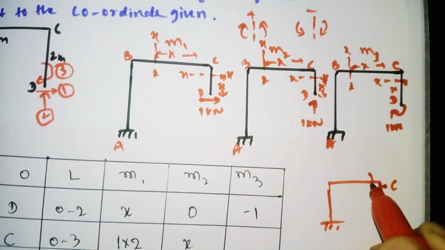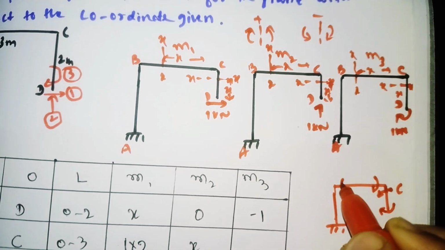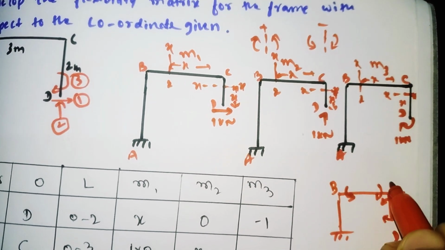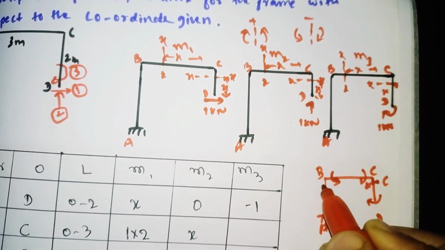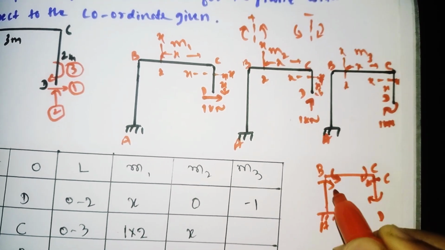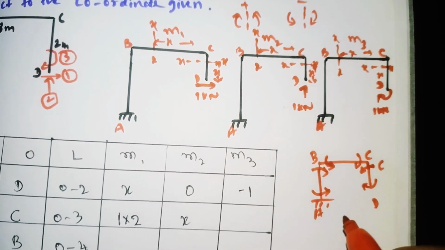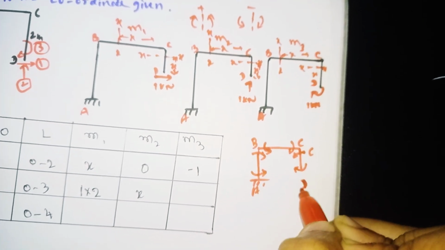If it comes here, it acts like this. And if it comes like this, it acts like this. For CB and for AB, if it transfers from here to here, it rotates like this. And if it comes from here at point A, it rotates like this. So this is how it transfers from one point to another point.